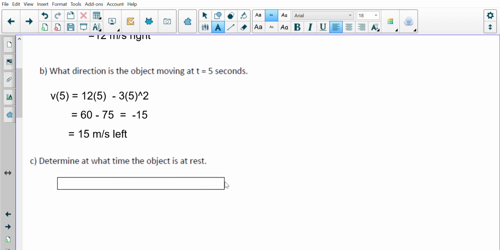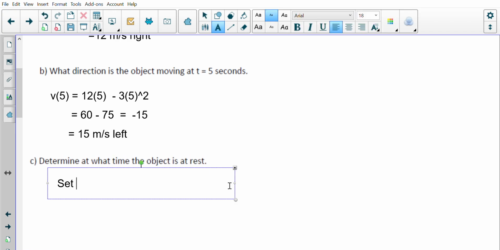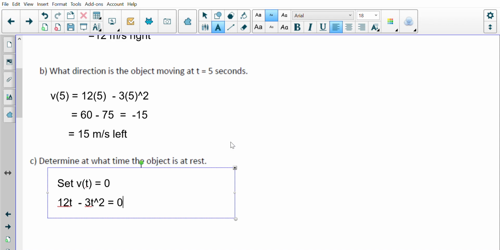So I'm going to set v of t equal to 0, because that's when we're at rest. And so that function, we're going to have 12t minus 3 times t squared is equal to 0.